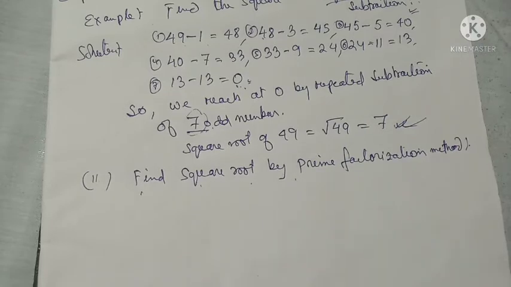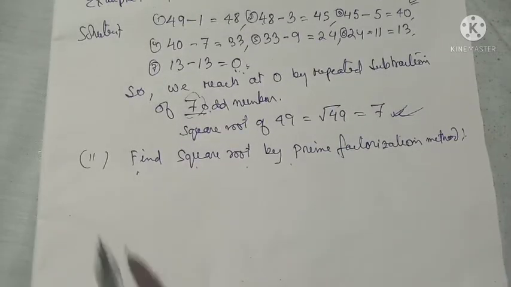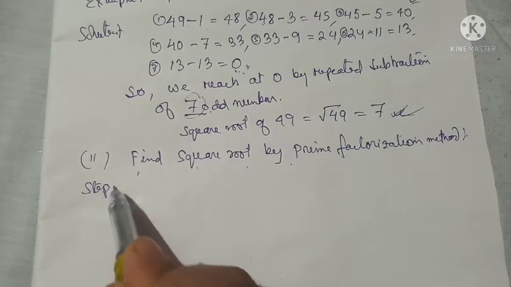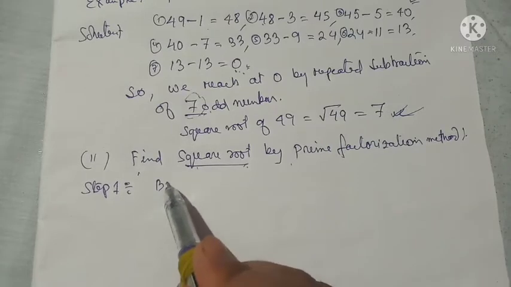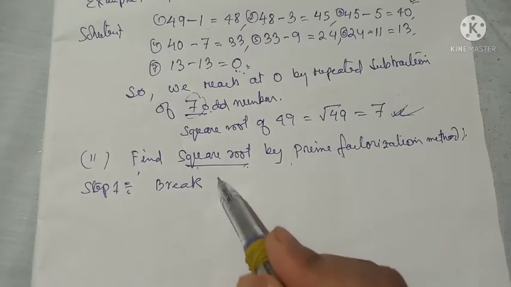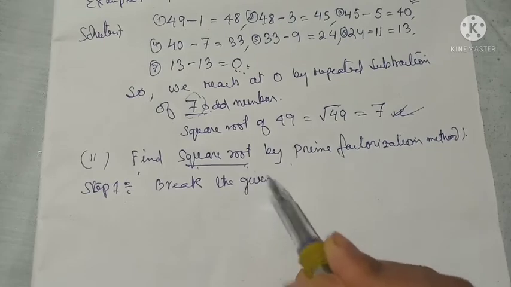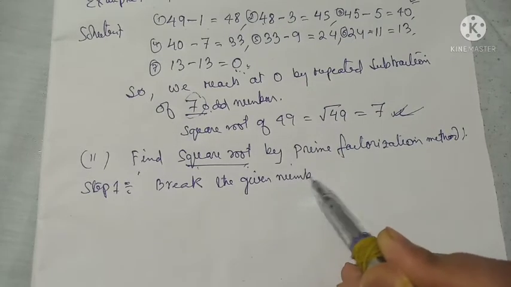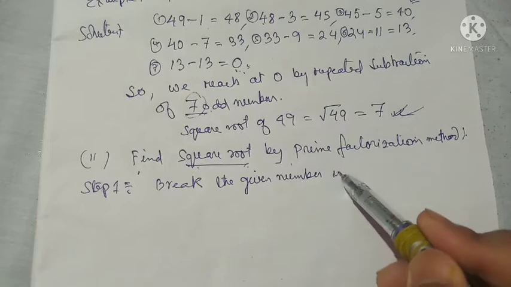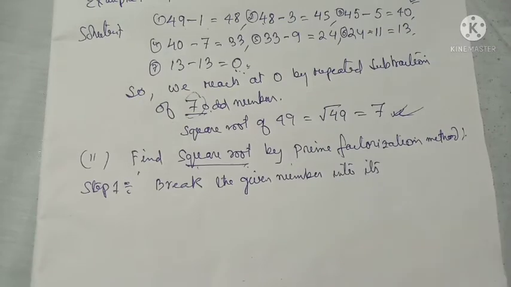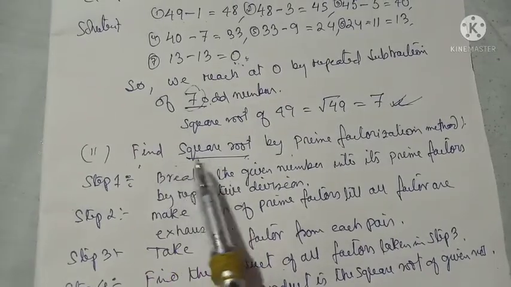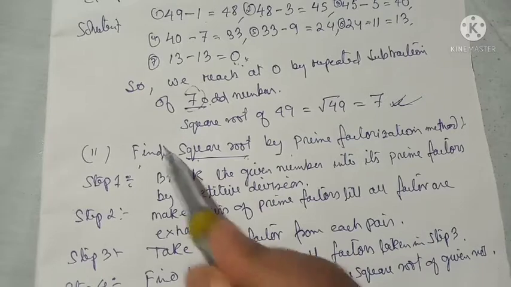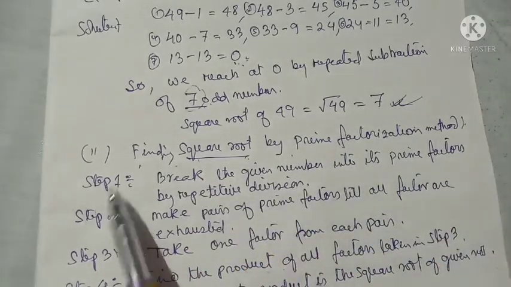Everybody understand what is prime factorization? How will you find out the prime factorization? You all understand. But let's see the rules. Finding the square root by the prime factorization method, there are 5 steps.